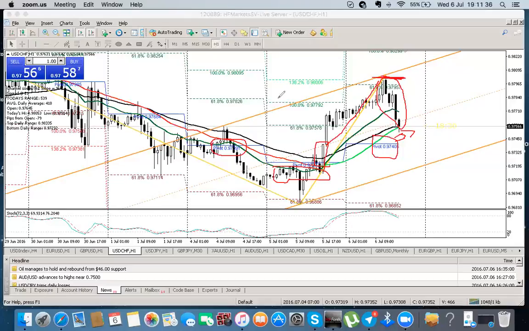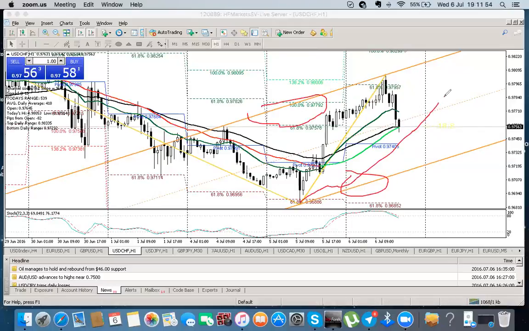Make sure you understand the pivot first, then we can talk about Fibonacci and the channels. You can also look at the channel here. The market is trending upward, right? Maybe this is just a retracement.